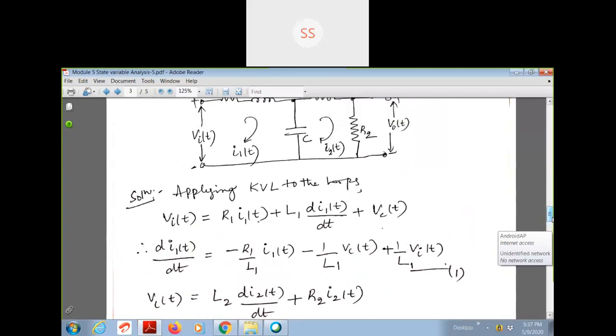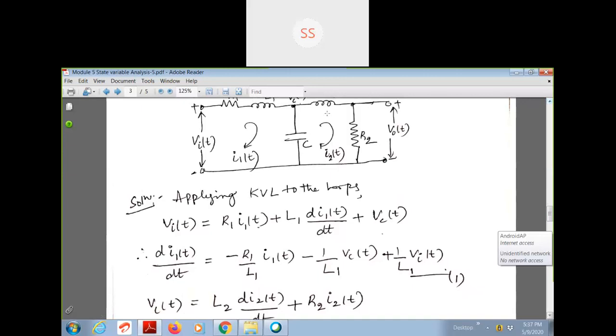Just compare this equation with this, because the intention is that in our equations both state variables should be included. Therefore Vc of t equal to L2, the second inductor, di2 by dt plus R2 into I2 of t.